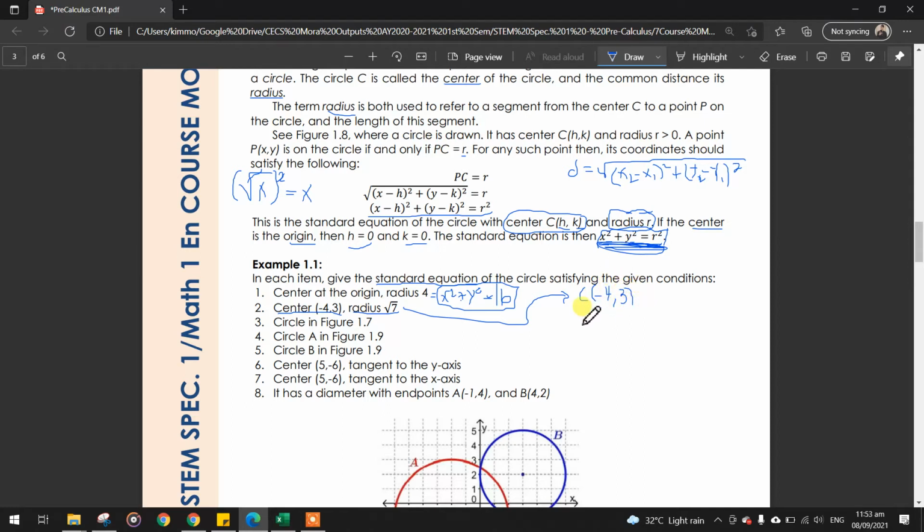So, meaning, this, our h, di ba h is our x coordinate sa center, so that's equal to negative 4. And our k is equal to 3, or our y coordinate. Then we write our radius, which is equal to square root of 7.